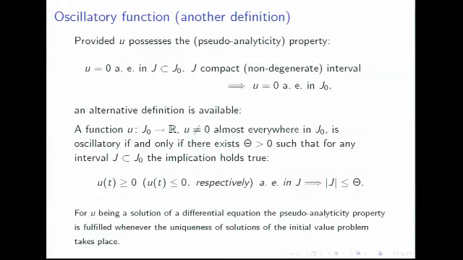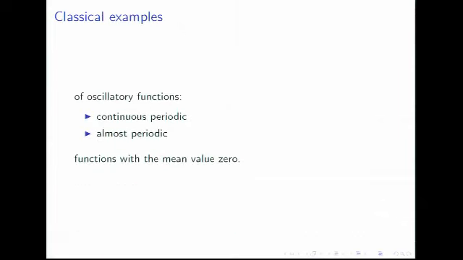This is satisfied if, for example, we study solutions of differential equations and the initial value problem for this equation is uniquely solvable. Classical examples of oscillatory functions: continuous periodic functions or almost periodic functions with the mean value 0.